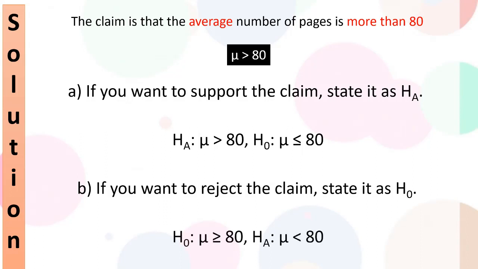That contains the claim that was made in the original statement, along with the or equal to. That makes it into an H naught, which makes it rejectable, because we can only reject the H naught claim. So we'll add in the or equal to, and then that makes the alternative hypothesis mu less than 80.